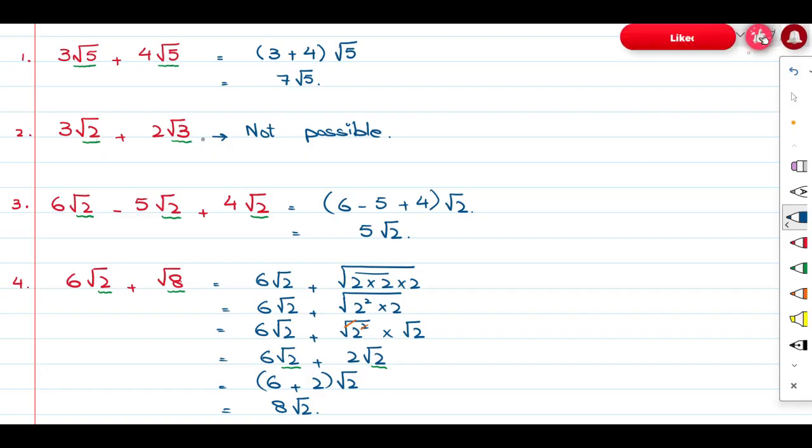So the main concept in addition and subtraction of surds is that you must have the same number under the root sign. If the numbers are different you have to decompose them, but if both numbers are prime then you cannot decompose them, and the simplification is not possible.